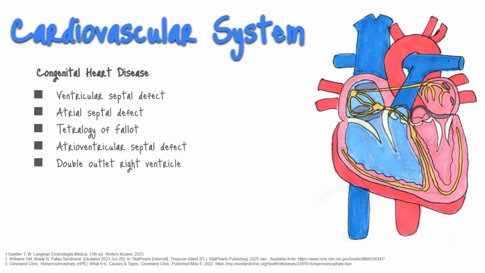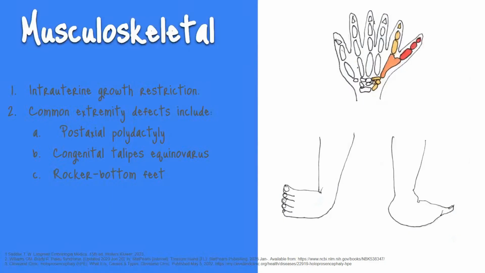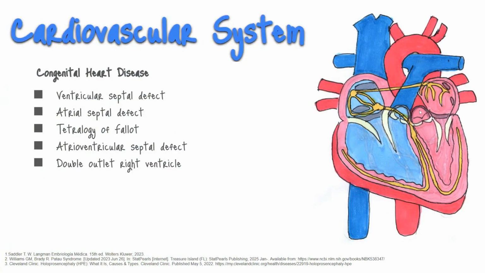Double outlet right ventricle. Sorry. This is when we have the aorta on the right ventricle. In babies with this pathology, they must have a ventricular septal defect to survive because this hole here will enable the oxygenated blood to mix with the deoxygenated blood to send to the systemic circulation because the aorta is on this side.